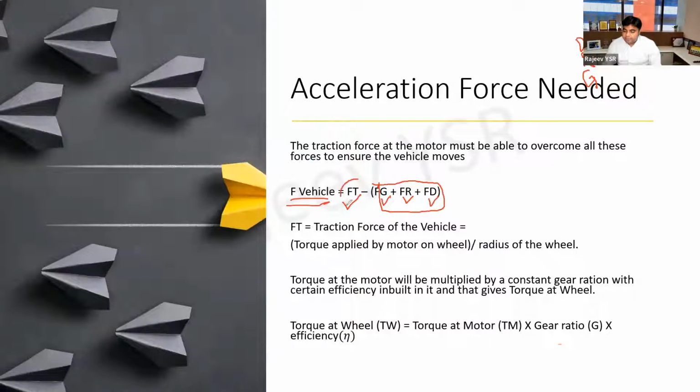And the force required to overcome all these three is basically called the traction force of the vehicle. Are you here with me? Please respond. This particular concept, which I'm going to explain right now, is very, very important.